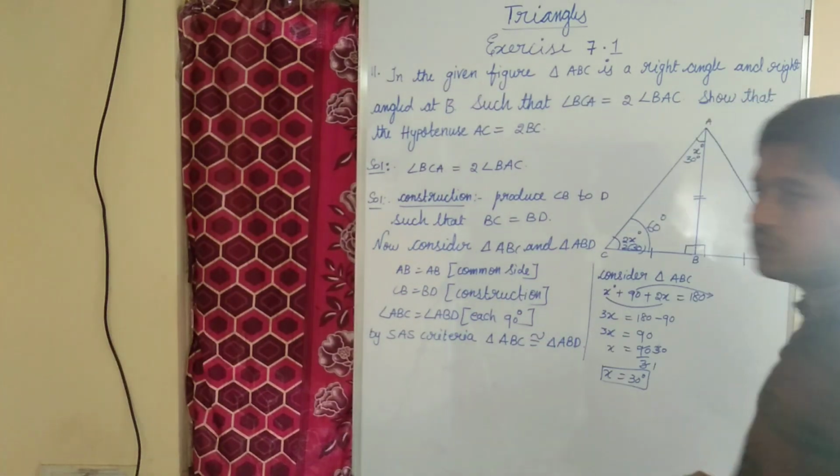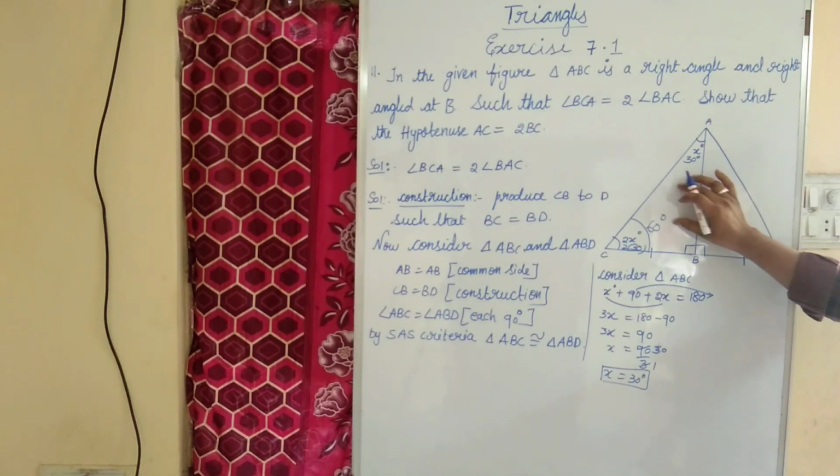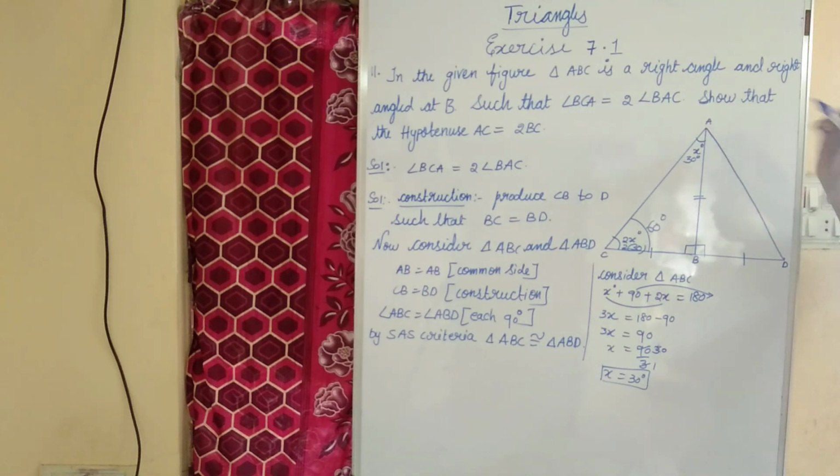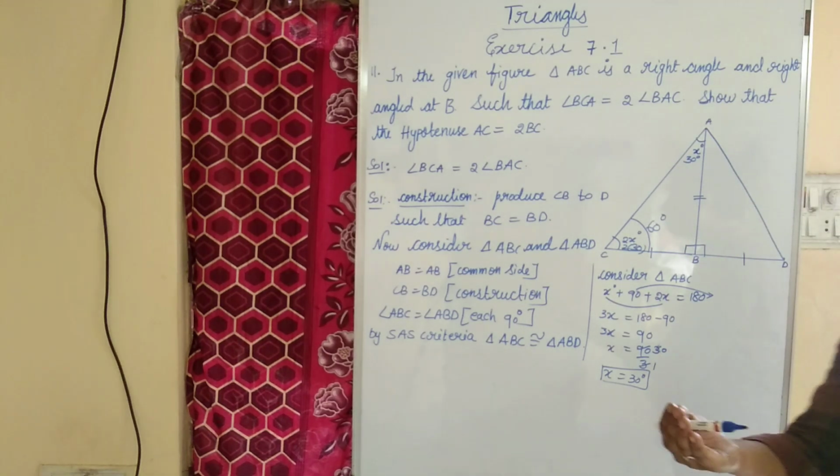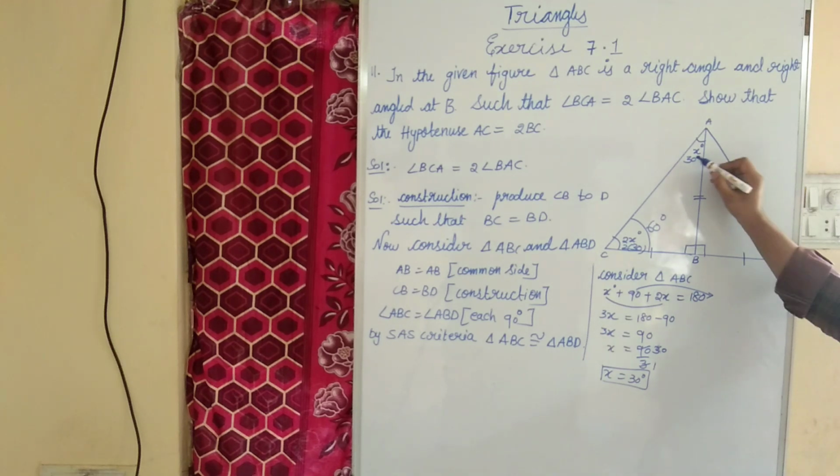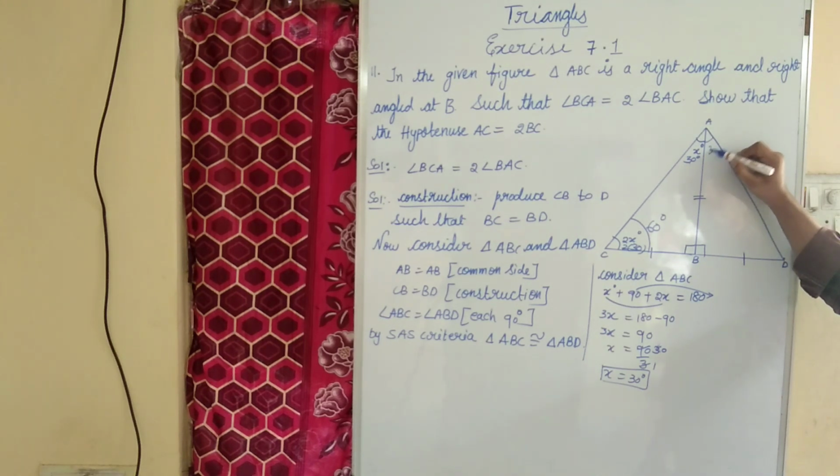As already we proved that these two triangles are congruent, their corresponding parts are equal. If it is 30 degrees, this will be also 30 degrees.